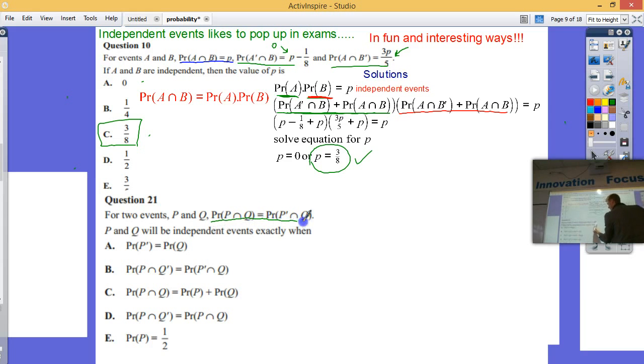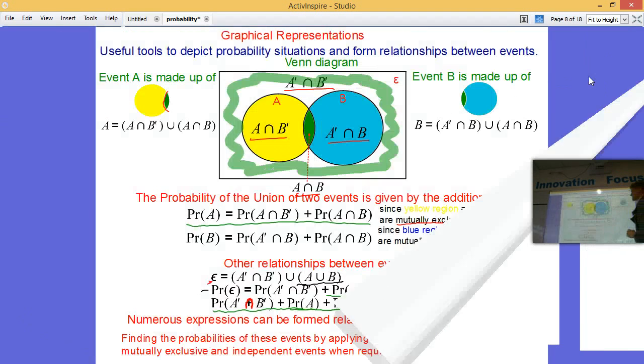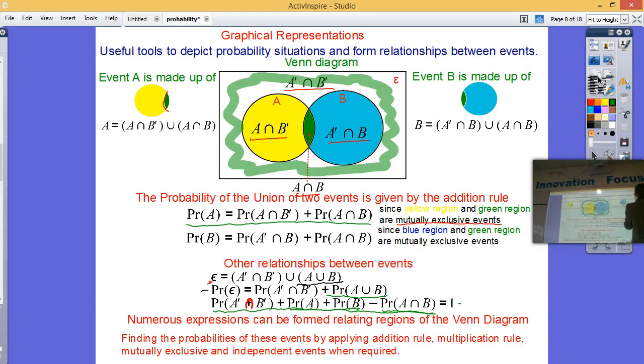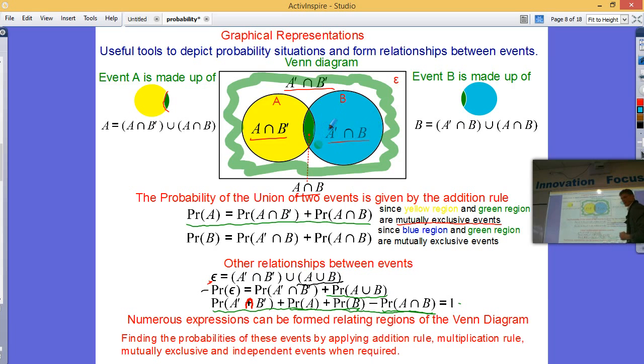Here, if we look at a Venn diagram, it's equivalent to having our region here, the blue region, with our green region here, all equaling the same probability, meaning the same size.